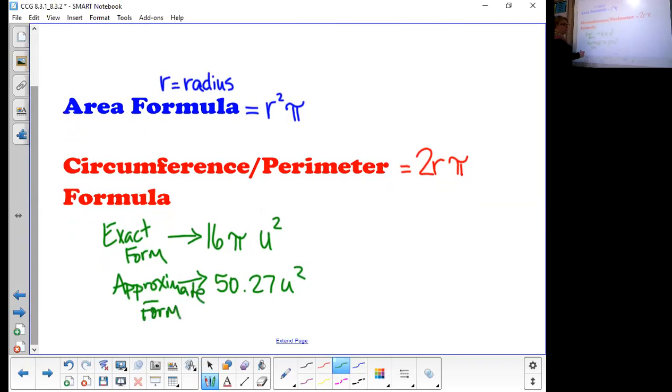I personally prefer exact form, leaving it with pi there because it just saves you a step. So you can leave it with pi. All right, does this make sense? Okay.